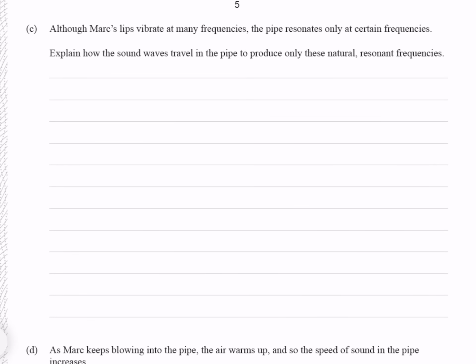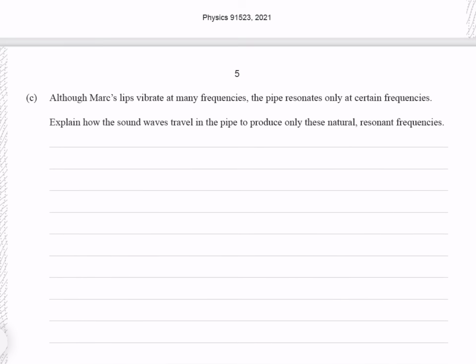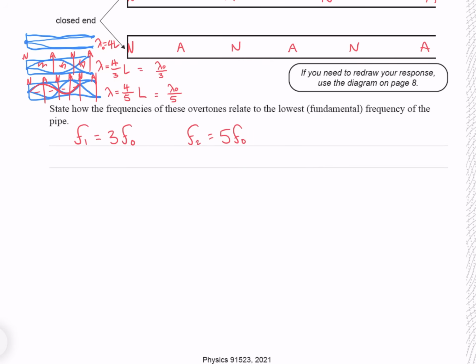Although Mark's lips vibrate at many frequencies, the pipe resonates only at certain frequencies. Explain how the sound waves travel in the pipe to produce only these natural resonant frequencies. First of all, we need to talk about how standing waves are produced in the pipe at all. We need to talk about the closed end and the reflection that occurs there. But also, we need to acknowledge that because this is a closed pipe, only odd multiples of the fundamental frequency will resonate.